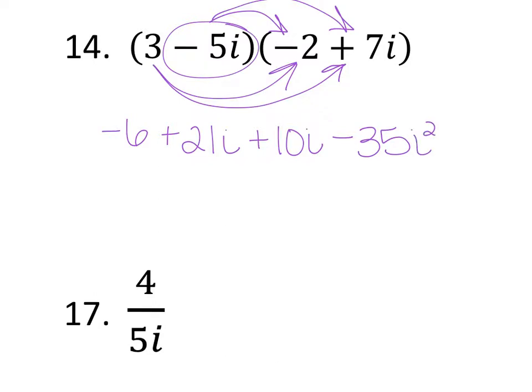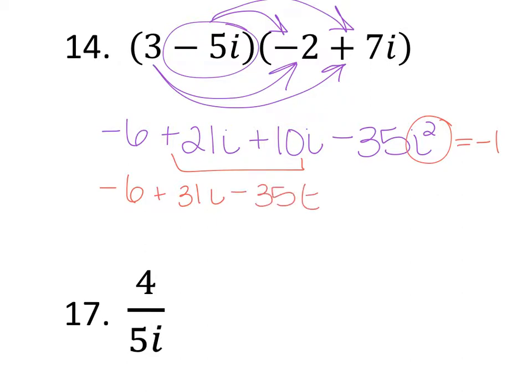Alright, well, now simplifying, I still have my negative 6, but these guys can add together, can't they? They're going to add to a 31i. And then i squared, remember, we can replace that with a negative 1. So I'm going to have negative 35 times negative 1. All right, let's simplify that more.